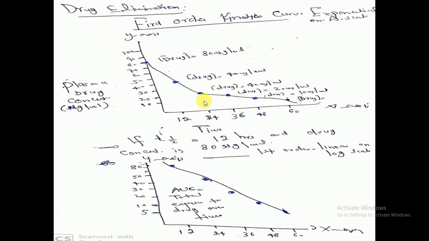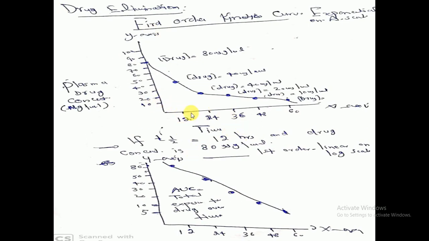This is another classical representation of drug elimination, how the drug can be eliminated from the body. First order kinetics is called exponential on arithmetic scales. Look here, this is the y-axis and this is the x-axis. This is the graphical representation.